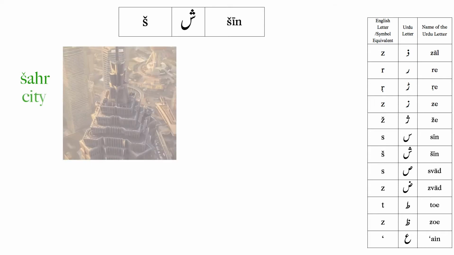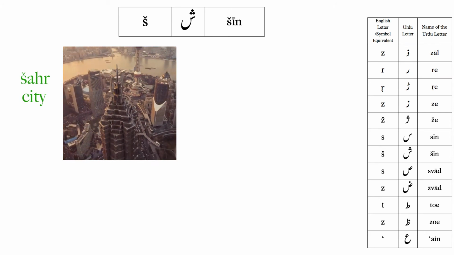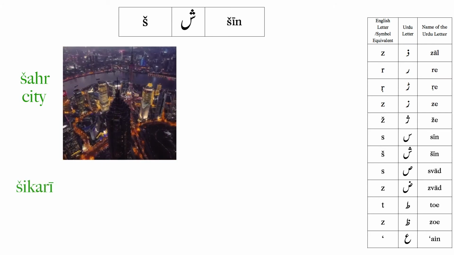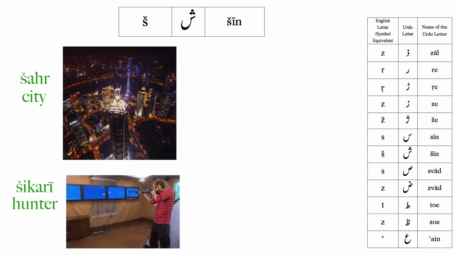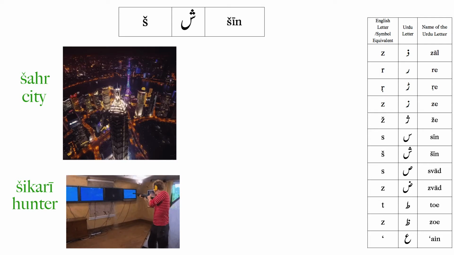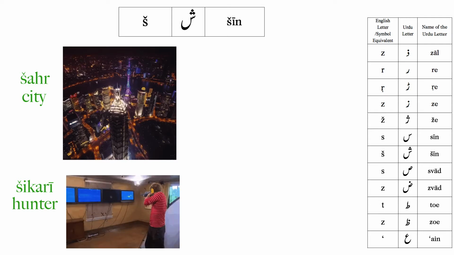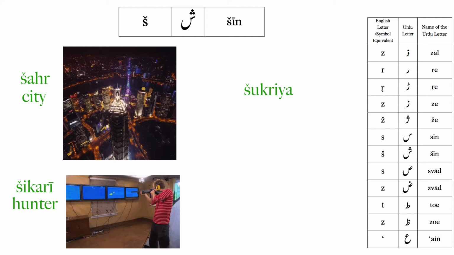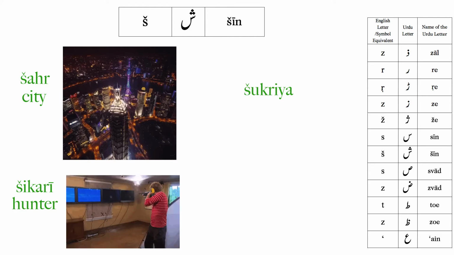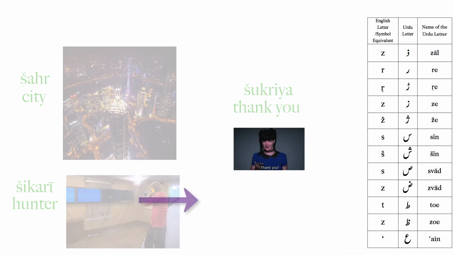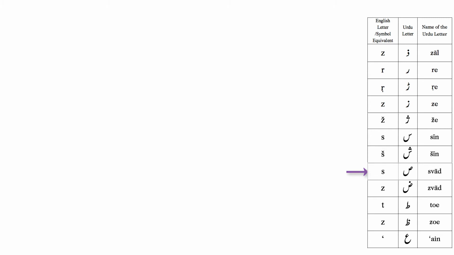Sheher means city. Second word, shikari. Shikari means hunter. And our final word is shukriya. Shukriya. And you might know what it means. It means thank you.